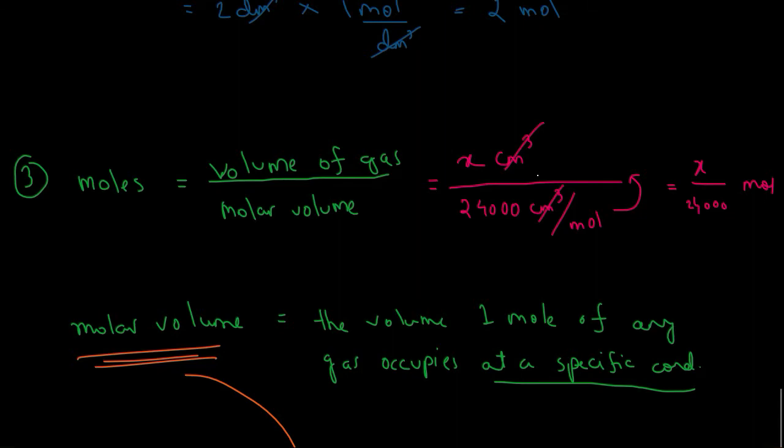So you get the idea. But if your volume was in dm cube, say y dm cube, it's better you use 24 dm cube per mole so that the dm cube cancels out and you would be left with y by 24 moles.